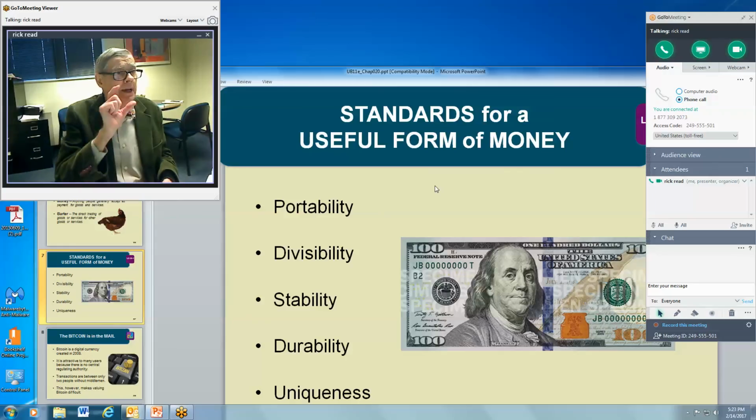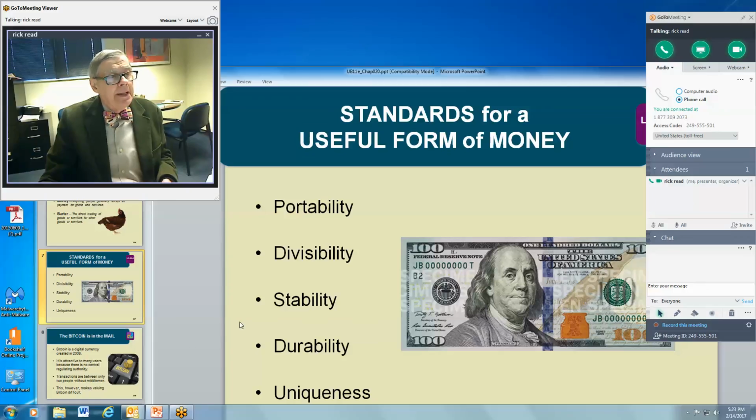Now, why do we want money that is something we can carry around in our pocket? Well, many centuries ago, around the 1600s, the medium of exchange used in Holland, now known as the Netherlands, was a tulip bulb.